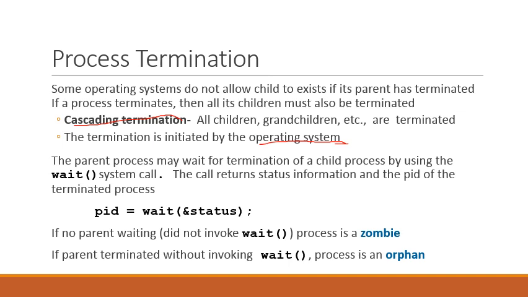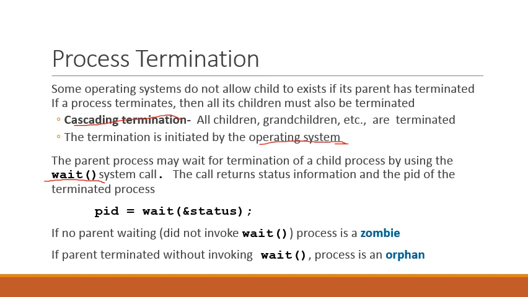And as we discussed in the last slide, a parent process may wait for the termination of a child process by using the wait system call. That a parent may wait for the completion of its child process, and if the parent wants to wait, then it has to execute the wait system call. The call returns status information and the process ID of the terminated process.